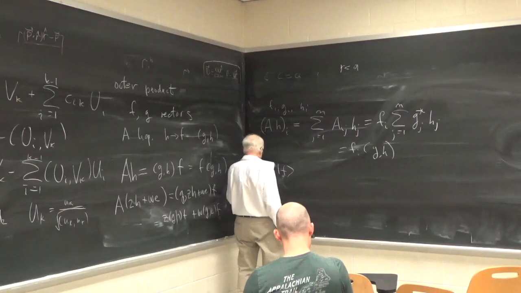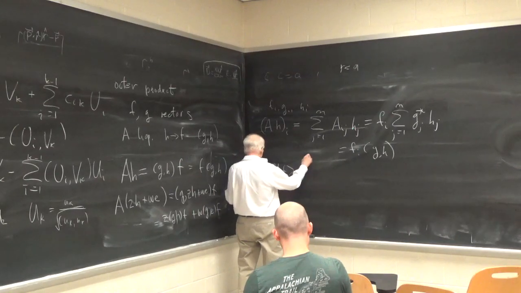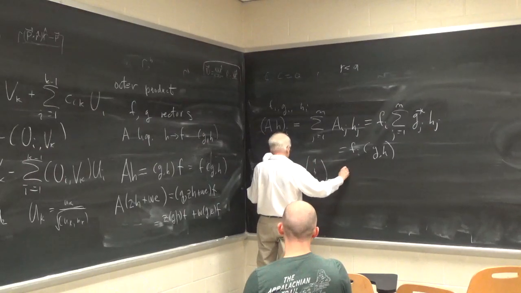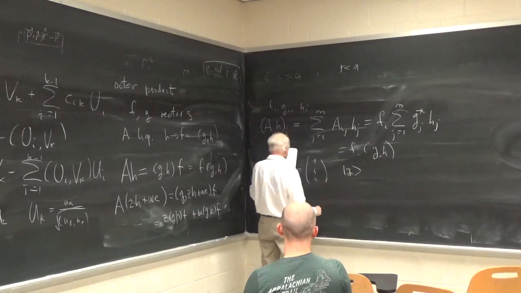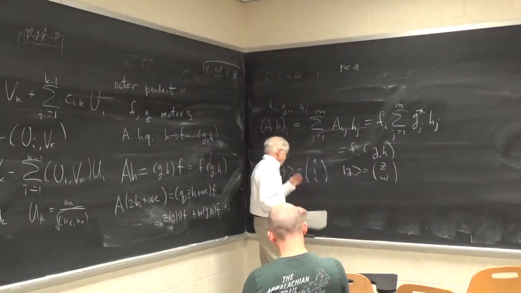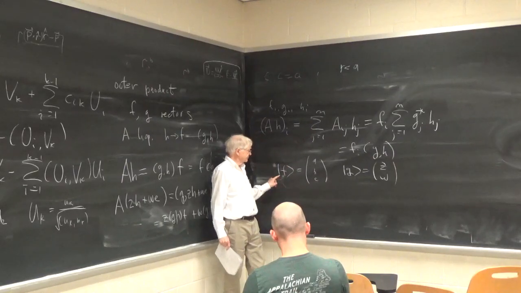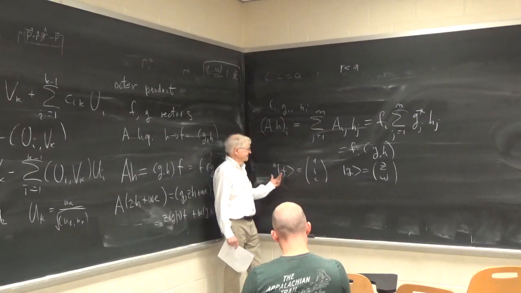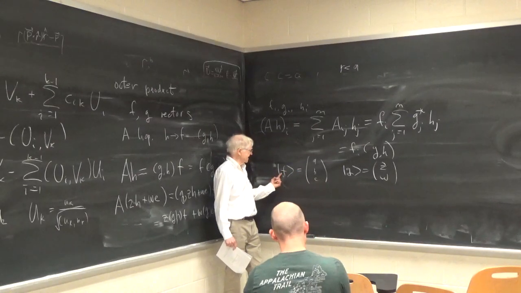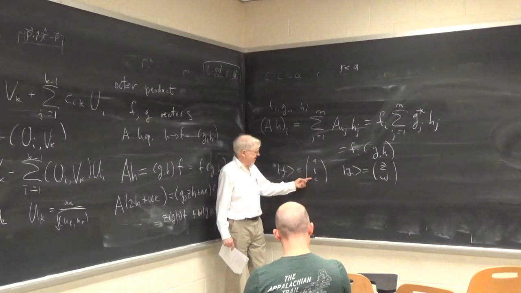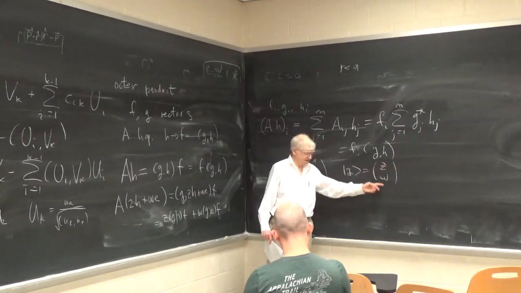So Dirac's notation was, suppose F is a vector (A, B, C), and G is a vector (Z, W). What Dirac did was make a minor notational advance: F with an angle on one side and a straight line on the other is a column vector, and G is a column vector.